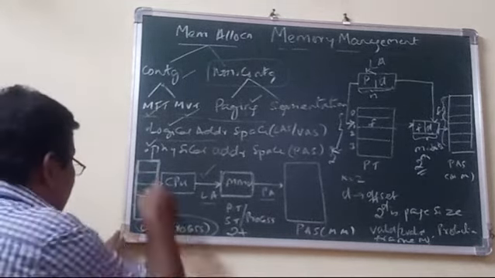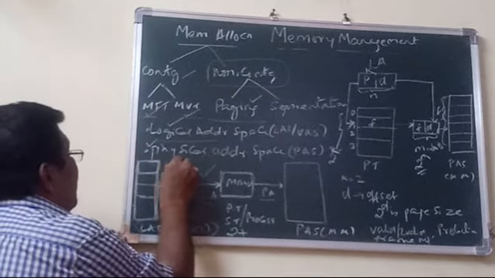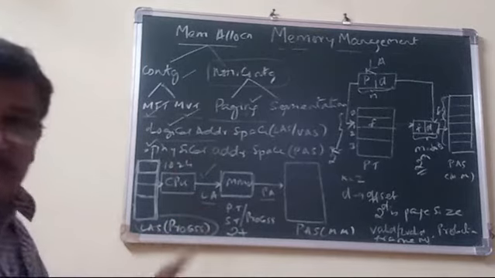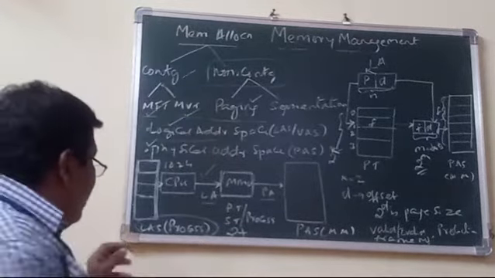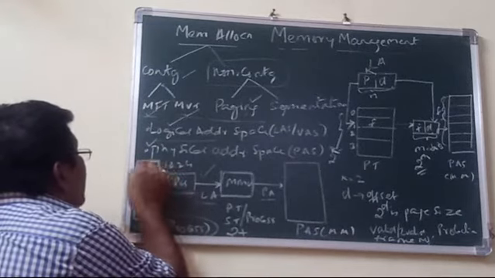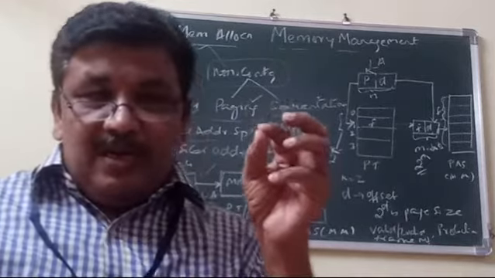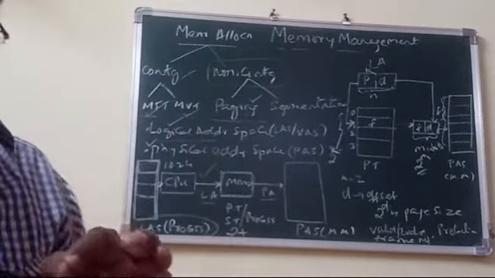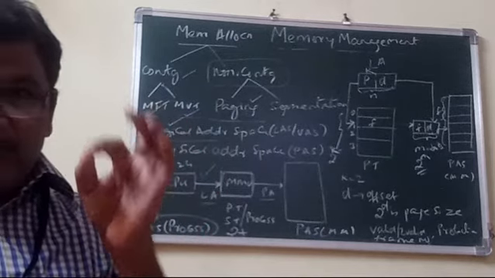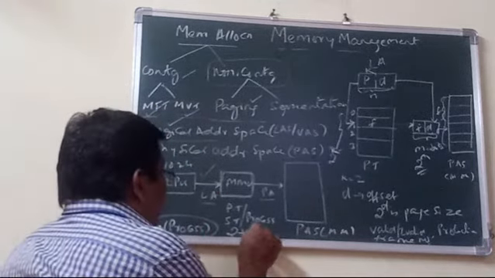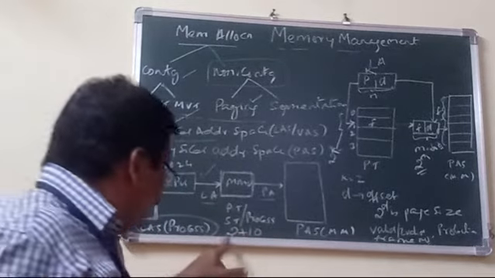Assuming that each page is of size 1024 bytes, to access any location within the page you require 10 bits, because 2 raised to 10 is 1024 and 2 raised to 2 is 4.